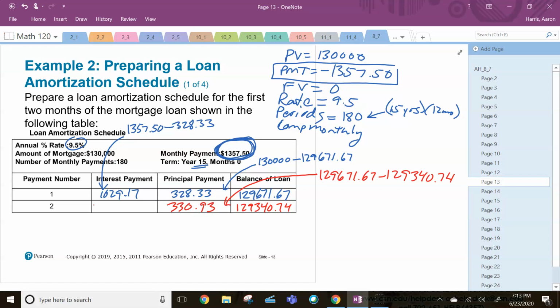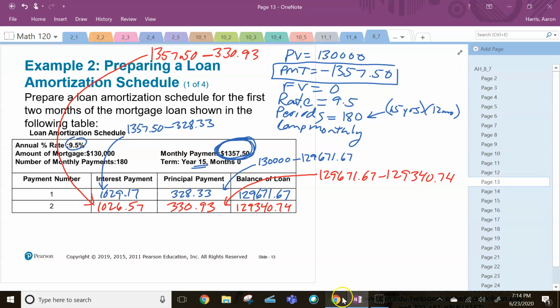And then right here, remember I made a payment of 1357.50 that month, but the loan only went down $330.93. So that difference all goes to the bank. They get to keep 1,026.57. Okay.